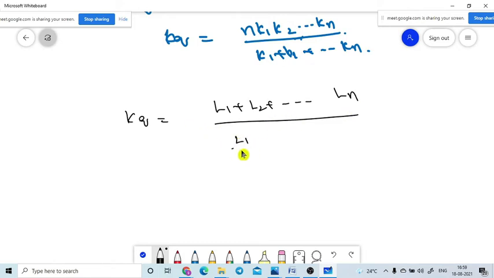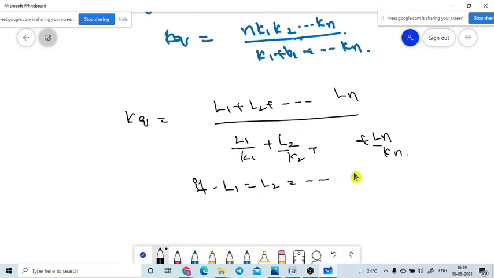That is equal to L1 by K1 plus L2 by K2 plus and so on plus Ln by Kn. This is the formula. If the same formula I am applying here, if I am using L1 is equal to L2 and so on, everything Ln also I am taking as L, and if I add this total, what will we get?